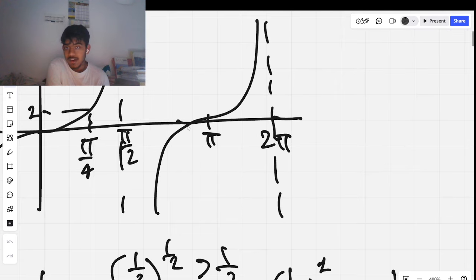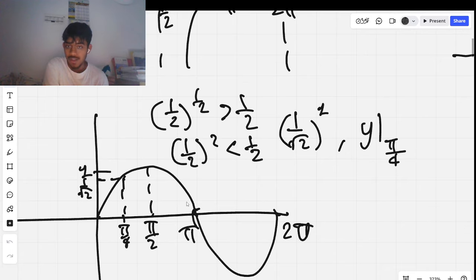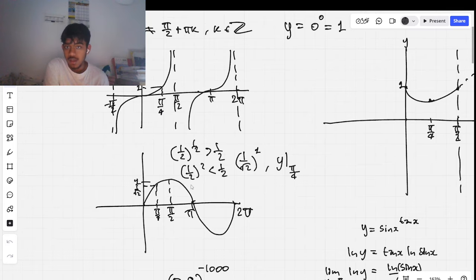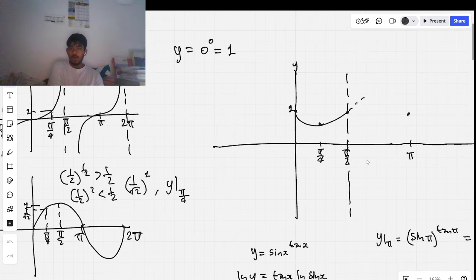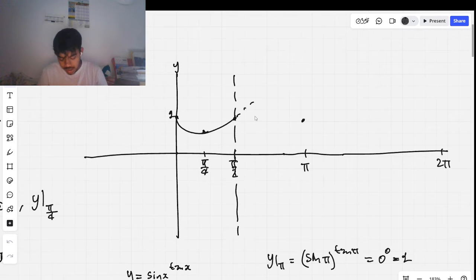On the tan graph, eventually we get a number that's quite small, and on this sine graph, it's also quite small. So actually, when you have a small number, in this case less than 1, raised to another number less than 1, you don't exceed 1. You don't go more than 1. So we do have that threshold. So it seems to increase, and then it goes back to pi.